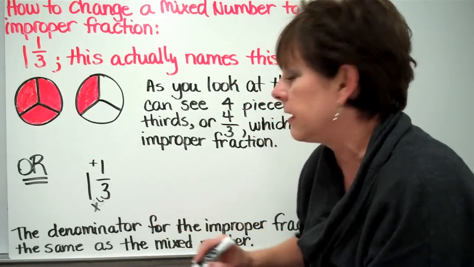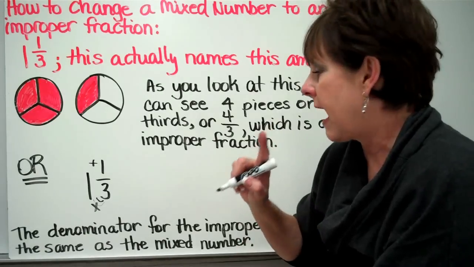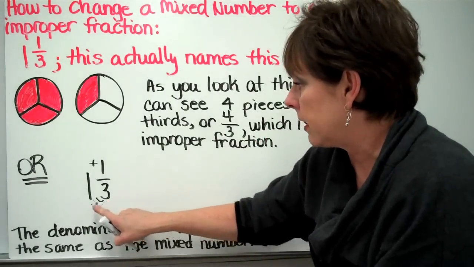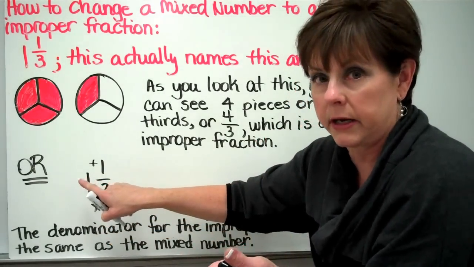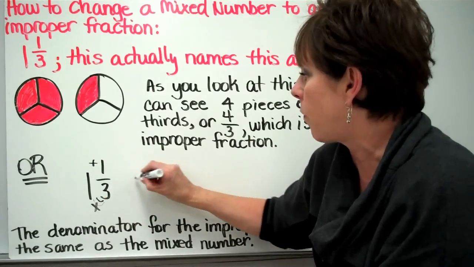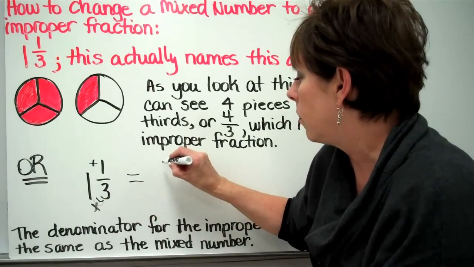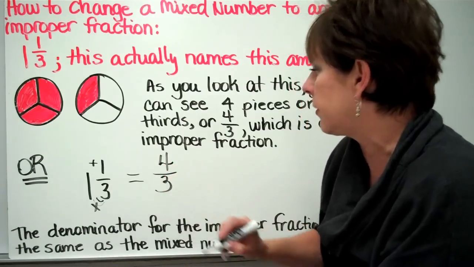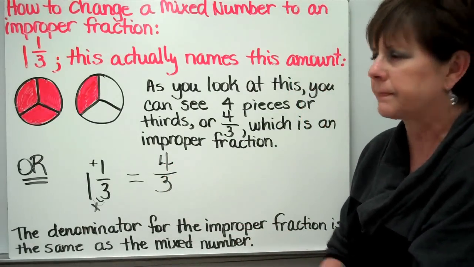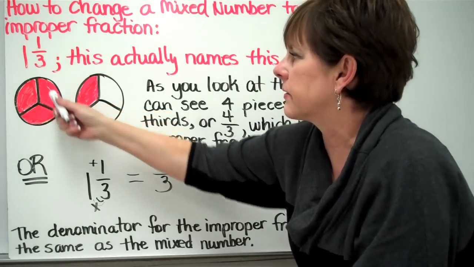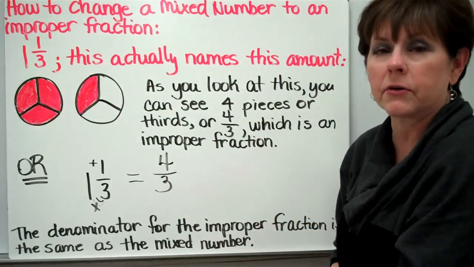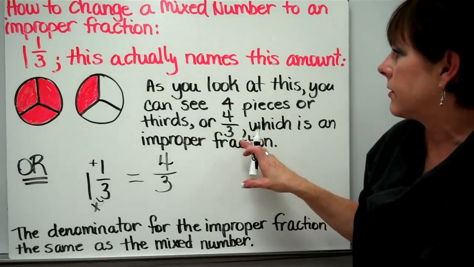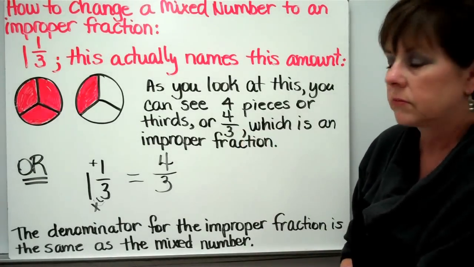Then you add in your top number, and that would be like this. 3 times 1 is 3, plus 1 is 4. So 1 1/3 is equal to, or the same value as, 4 thirds. Which kind of makes sense. There's 4 thirds. 4 parts that are all thirds.